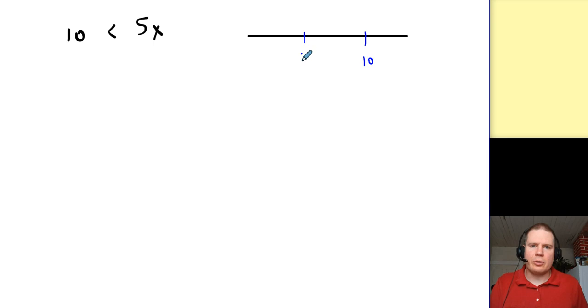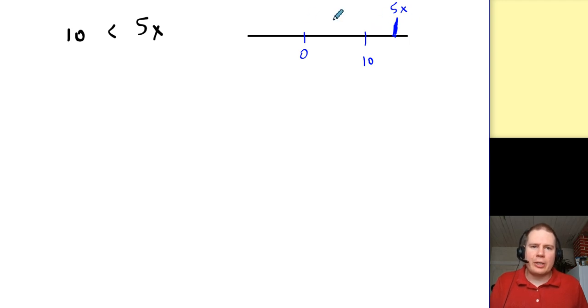And here's 0. And 5x is somewhere above that. Right? Say over here. I'll put it up top here so it's not getting in the way. Well, however big that is, it's bigger than the 10.